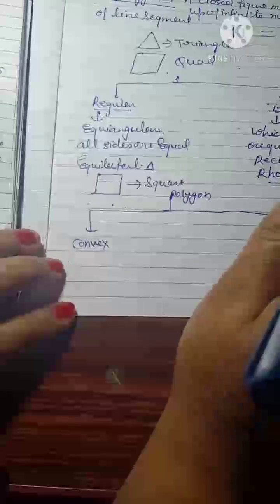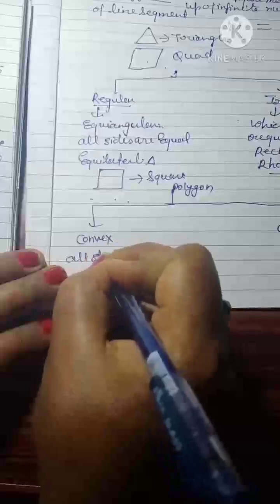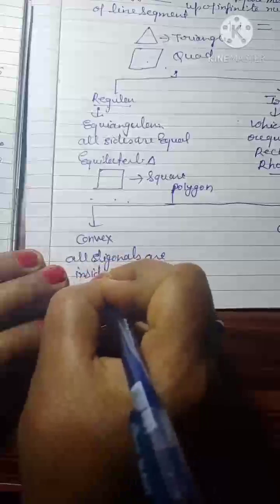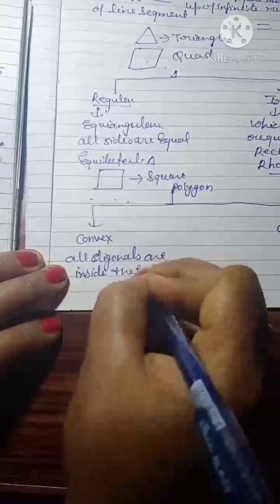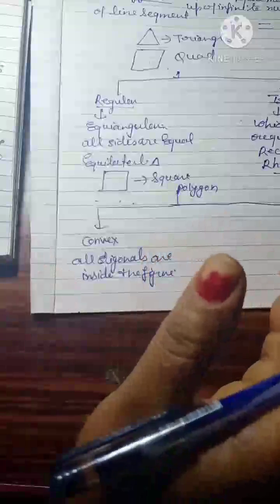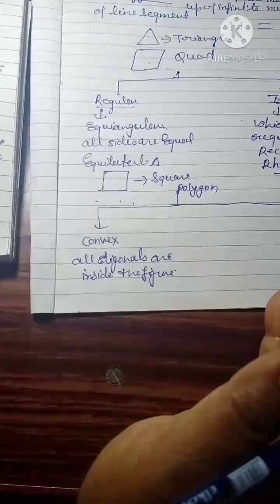Well, what do you mean by the convex polygon? Where all diagonals are inside. If in a figure all diagonals are inside the figure, then it is known as the convex polygon.